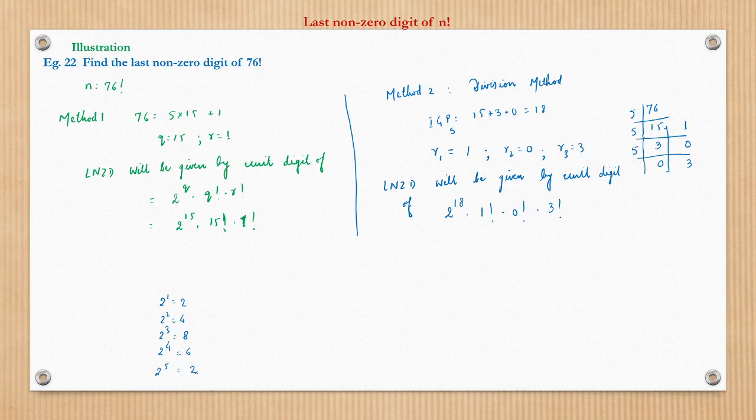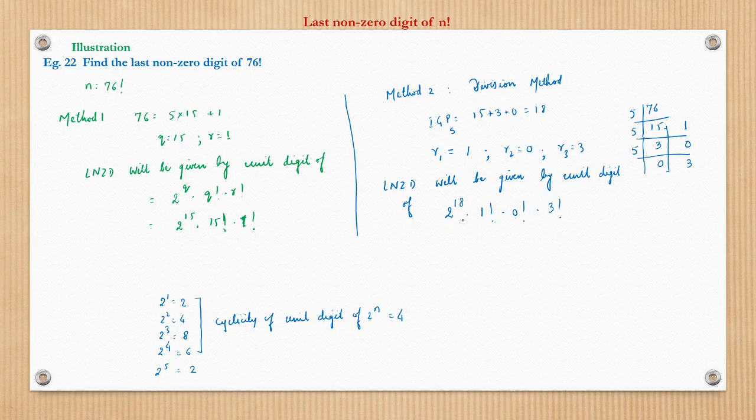So 32's 2 will be the unit digit. So the unit digit of 2 raised to power n follows a cyclicity of 4, right? After the fifth, the digit is the same as the first digit. So the cyclicity of the unit digit of 2 raised to power n is 4, right?